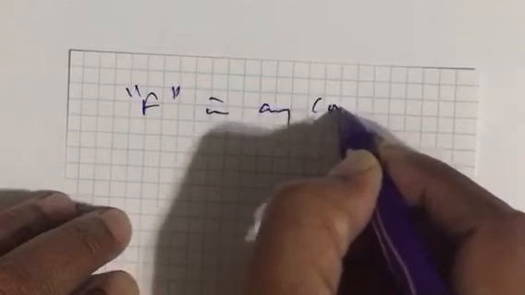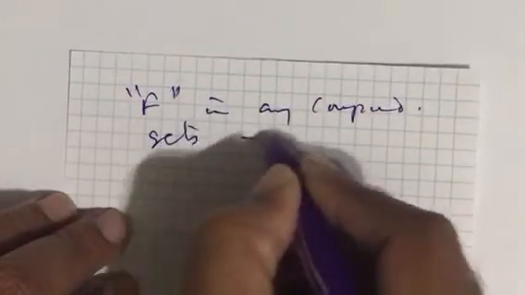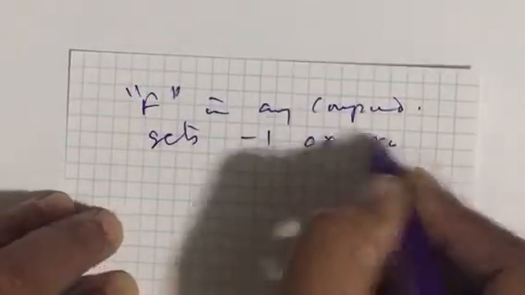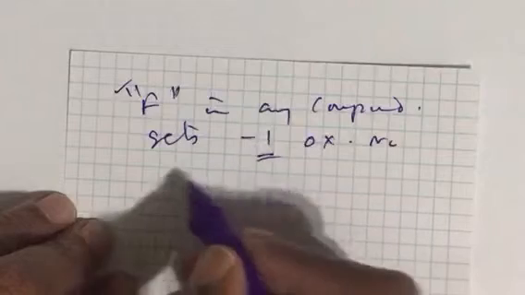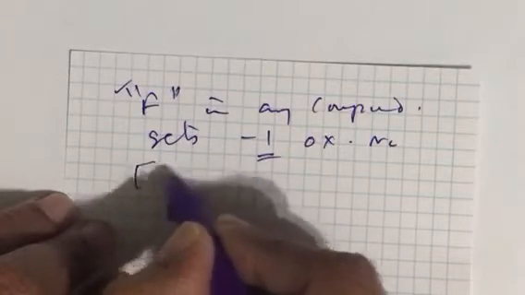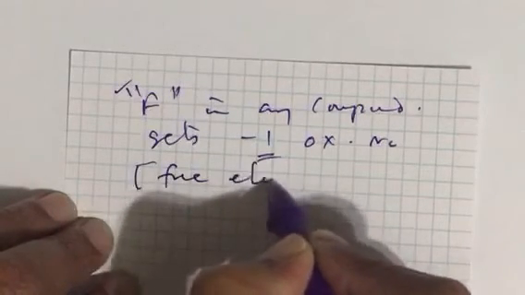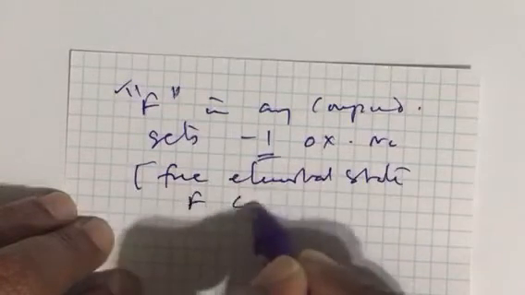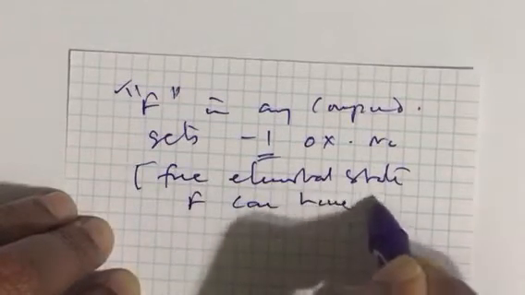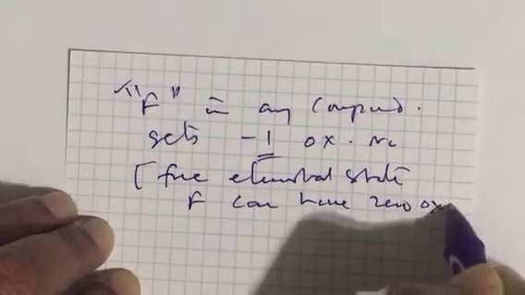Fluorine in any compound, because that is the most electronegative element, gets -1 oxidation number. It's always -1. It can never take any other oxidation number. Of course, in free elemental state, fluorine can take 0 oxidation number.